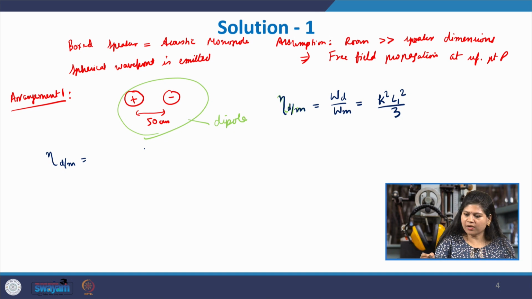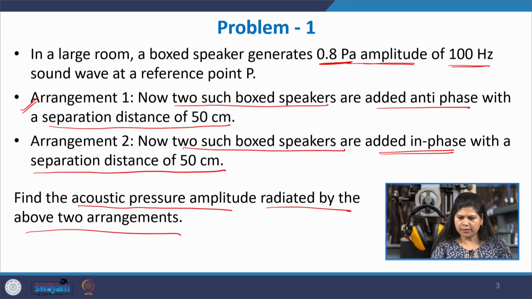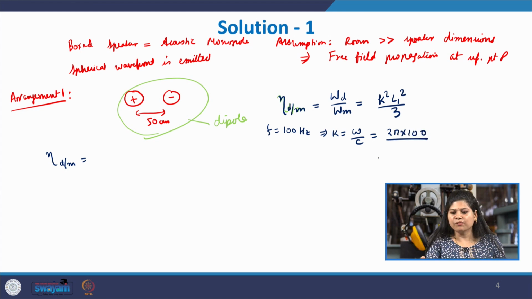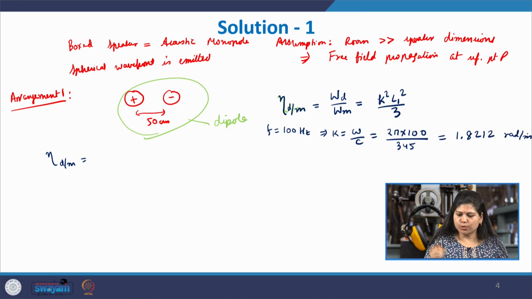Here the frequency is 100 hertz, and therefore k becomes omega by c, which is 2 pi into 100 divided by c. If nothing is given, we take it as air at room temperature and take its corresponding speed of sound. When you solve this, what you get is 1.8212 radians per meter as the wave number k, and L1 is 50 centimeters.